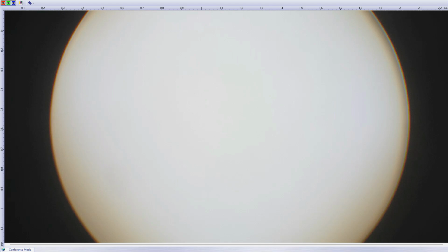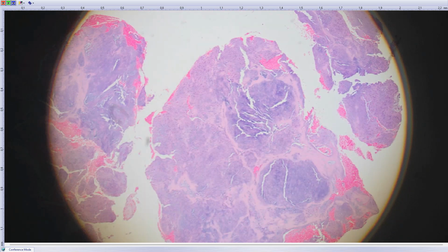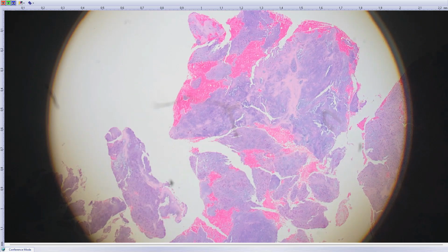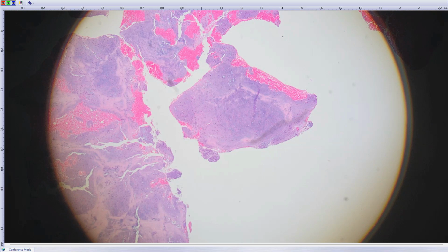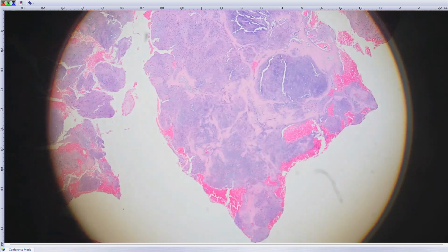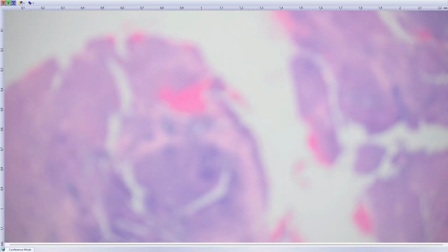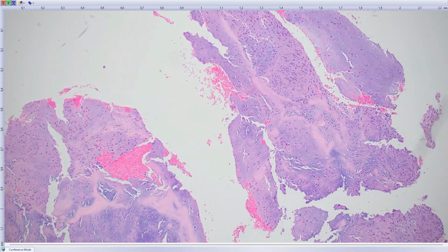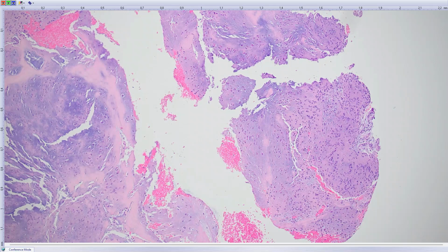Next case was a young guy in his 20s, tumor on his finger. And we have these fragments, which, however, still show the multinodularity of this tumor. This is a new entity, a new variant of a tumor that has been called for many decades a chondroma of soft tissues.